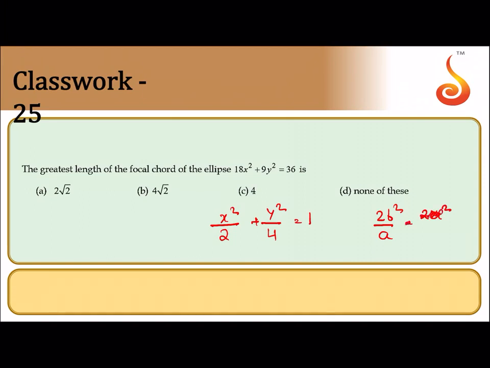But this is the reverse ellipse. In this case, the standard result is 2b square by A, but in our case it will be 2a square by b. This is the length of latus rectum. What is A square? A square is the smaller number, 4, and b is equal to 2.